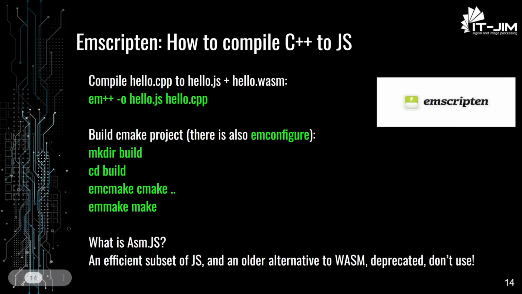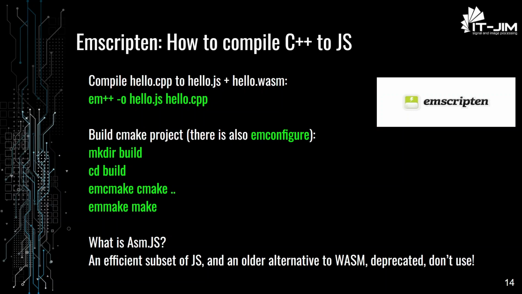How do you compile C++ to JS? It's pretty simple. Just as you compile normally C++ into executable, here you use em++ instead of g++, and the output will be hello.js JavaScript file and not a machine executable. Or for CMake, you use the typical CMake build with the prefix emcmake to set up the proper Emscripten toolchain.